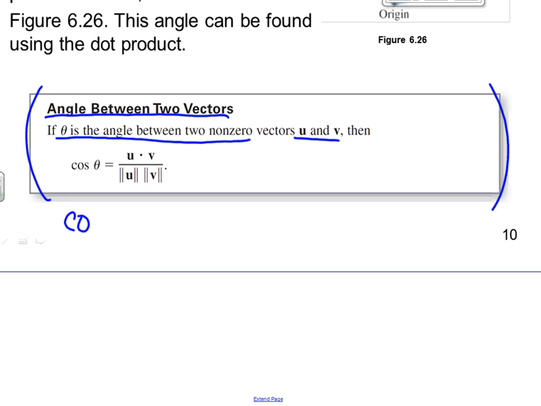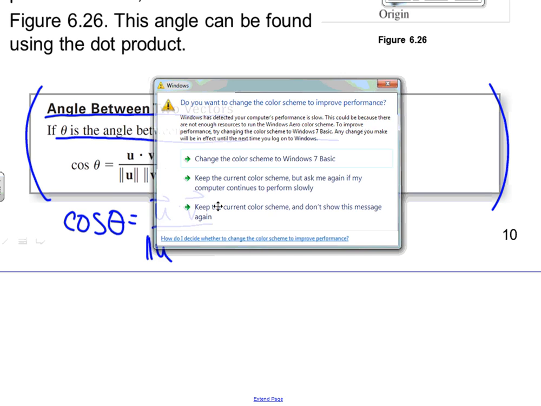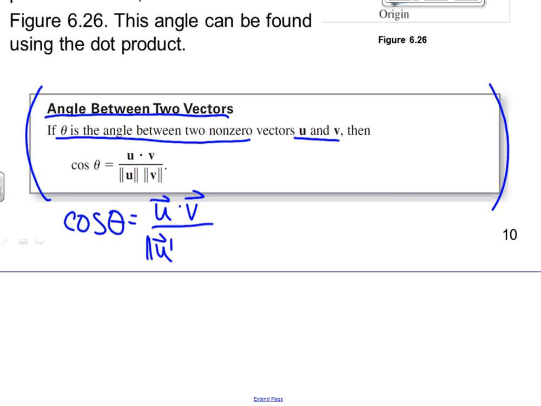So if we write it, cosine theta is u dot v over the magnitude of u times the magnitude of v, kind of writing it in our longhand way. And our first picture has the picture drawn as well.